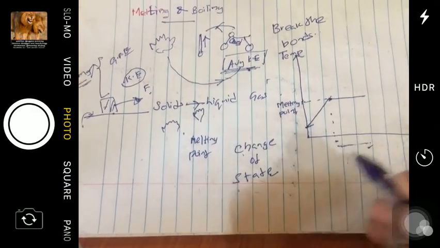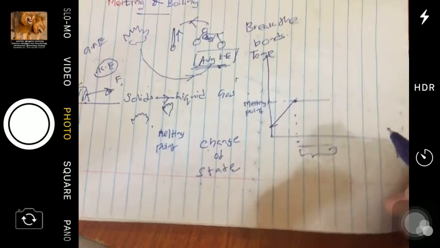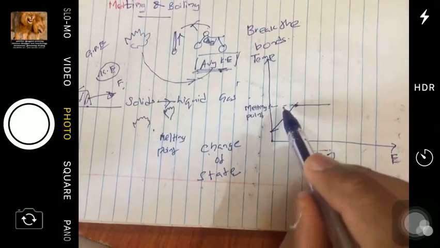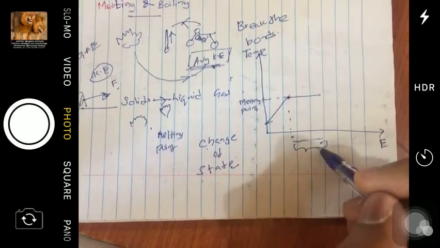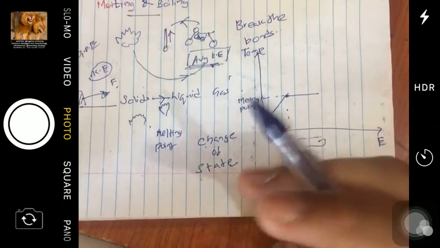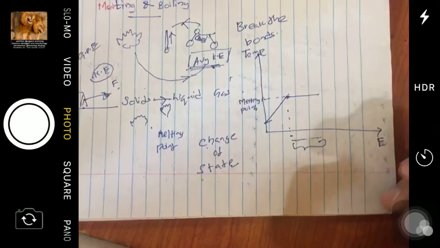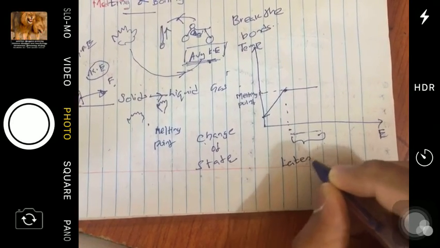So this energy doesn't show up as a temperature rise. The temperature will remain constant. The heat that you are providing doesn't show up because the temperature doesn't change. That's why we give it the name latent heat.